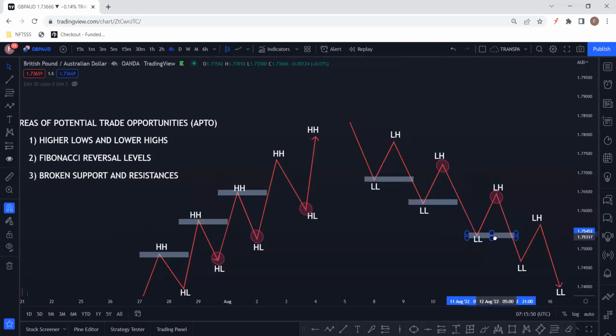So whenever you've identified that a previous lower low has been broken and price has formed a new lower low, you then wait for that pullback for price to form a lower high.